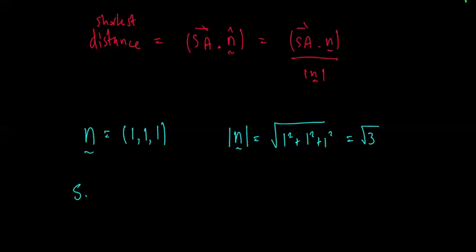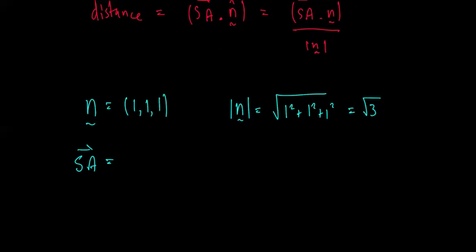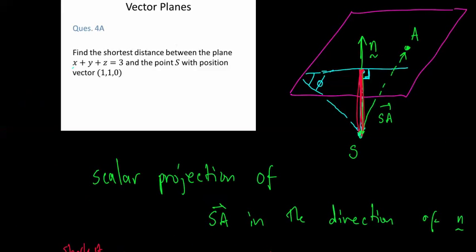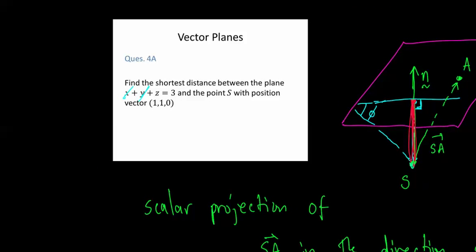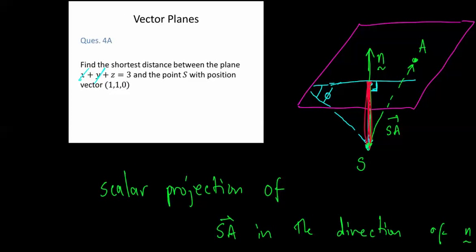We also need SA. Now that's a little tricky. SA is going to be the point A minus the point S. So how do we find a point A on the plane? The simplest and best way to do it is to just let x and y equal 0. That is where the plane intersects the z-axis, and that's the best way to find a point on the plane.